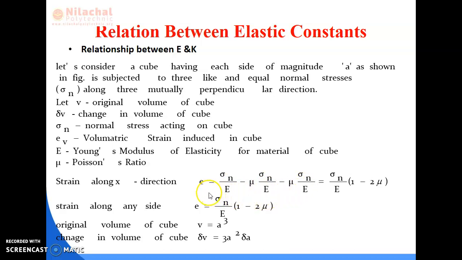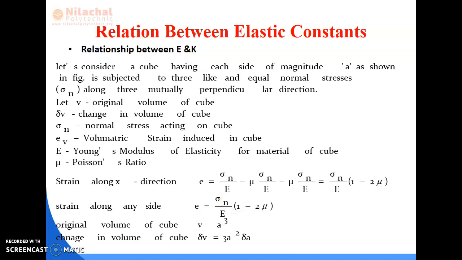So, the strain along x direction is combined with the strain along y and z direction. Now the total deformation of the cube E is equal to longitudinal strain along x direction. Longitudinal strain means what? According to Hooke's law, Young's modulus is equal to stress by strain.